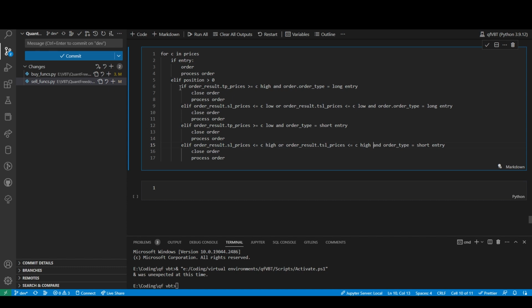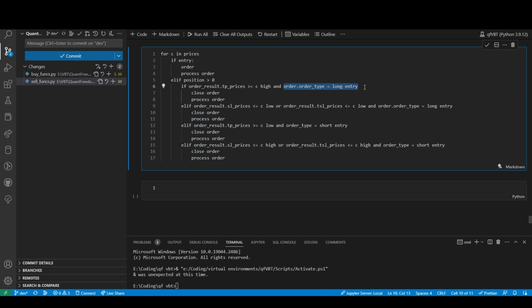So if we are in a position, if we have a take profit, it's greater than the high, and this, I'm gonna say this or, right? Well, couldn't we just do if this is true and this or we're in a short entry?